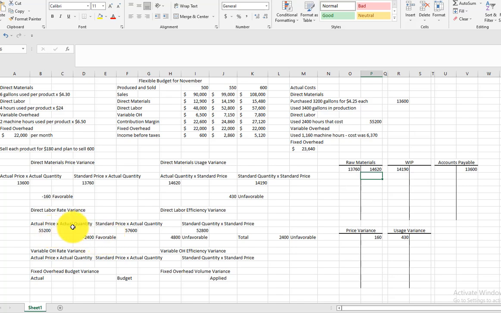Okay, moving on to the rate variance for direct labor. Again, putting the actual price of $55,200, right? That's what they actually paid, and the standard.